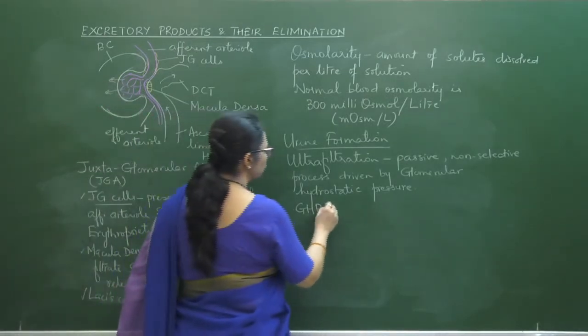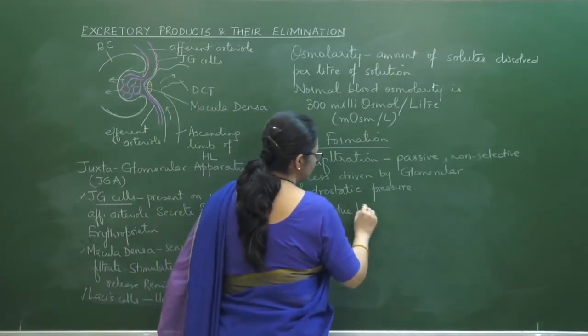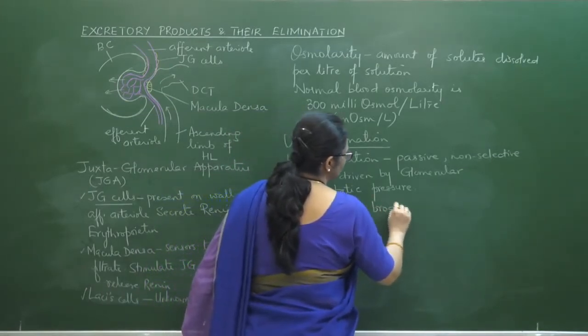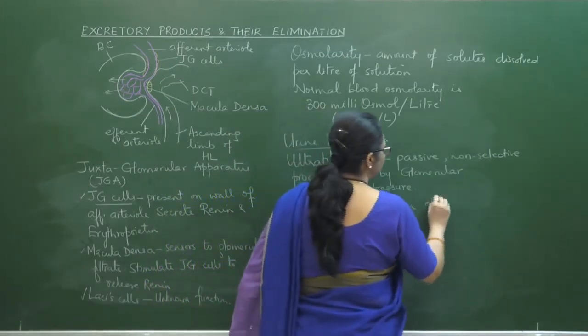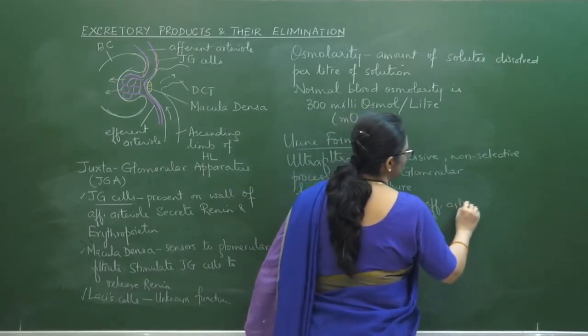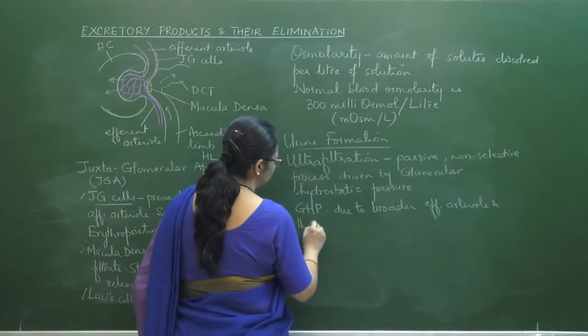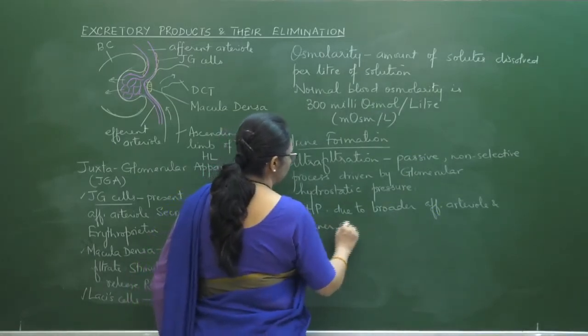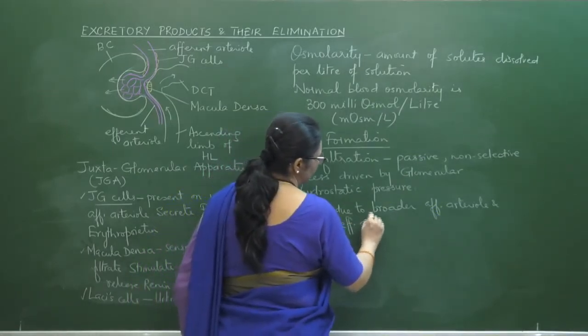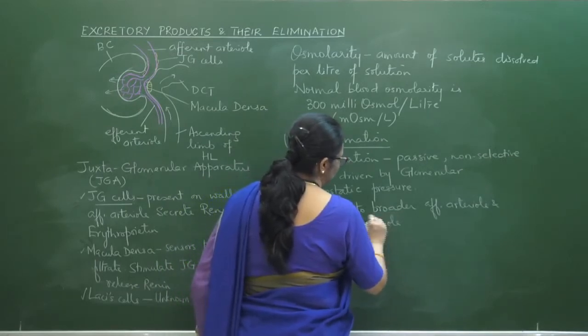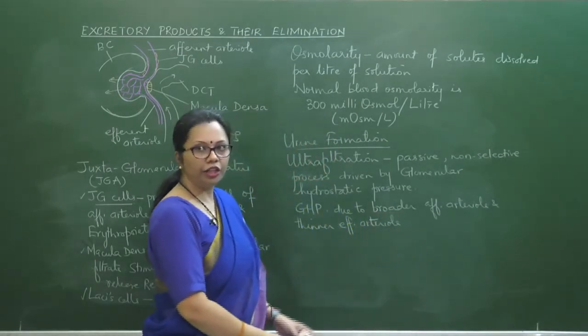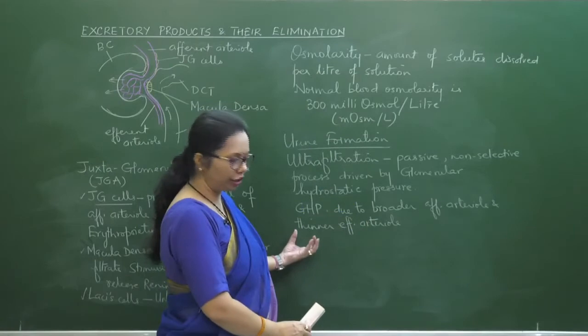So GHP is due to the broader afferent arteriole and thinner efferent arteriole.